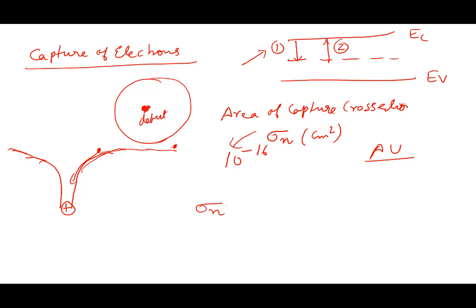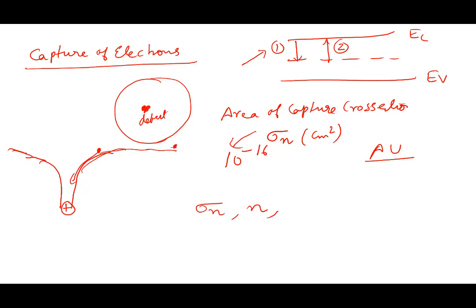The probability that my defect captures the electron would depend on how many electrons are there. Obviously, with more electrons, there is more probability that it captures. So you would think that it should depend on n also. What else will it depend on?